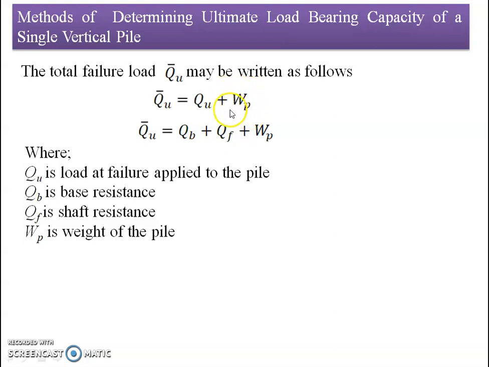This weight of the pile has to be taken into account for estimating the ultimate failure load which the pile can carry. The total ultimate failure load is equal to QB plus QF plus WP, where QU is expanded into its component parts like QB, the load carrying capacity under bearing, and QF, the load bearing capacity under friction. So base resistance and shaft resistance, it will be very comfortable for us to speak about it.